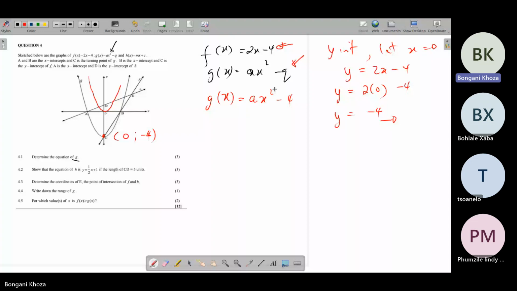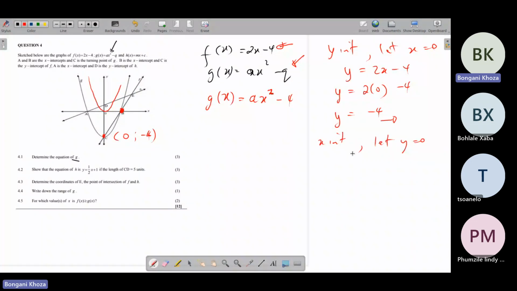All right. Next, we are supposed to find this value of a. Let's see another coordinate that we can get. So for coordinate b over here, it's on f, and for f, we have the equation completely. So we can find this. This is the x-intercept of f. So for the x-intercept, you let y be 0.